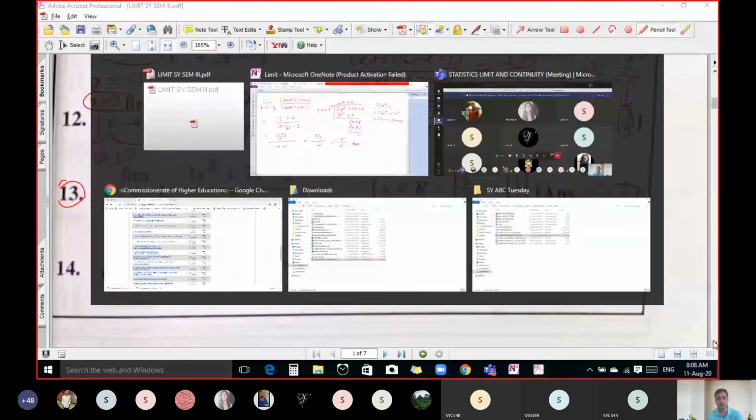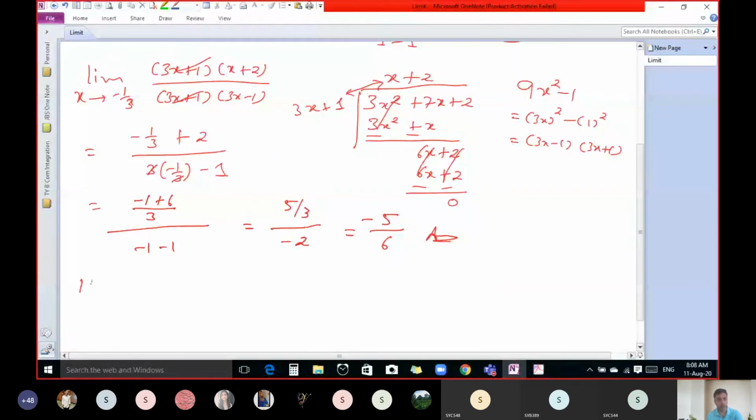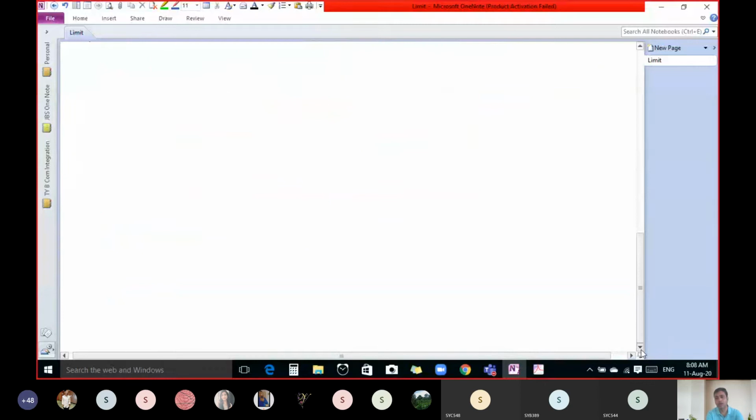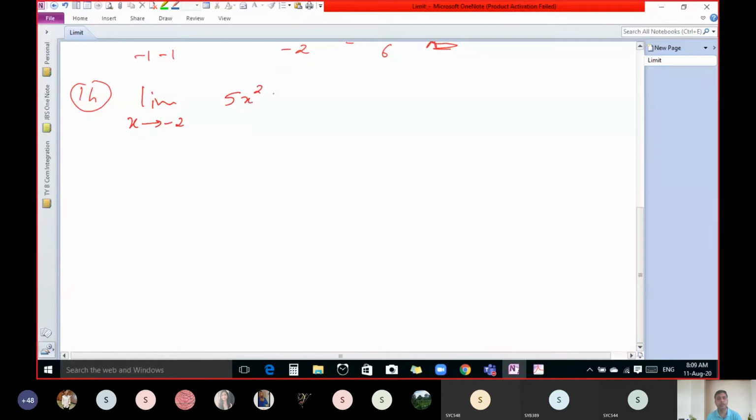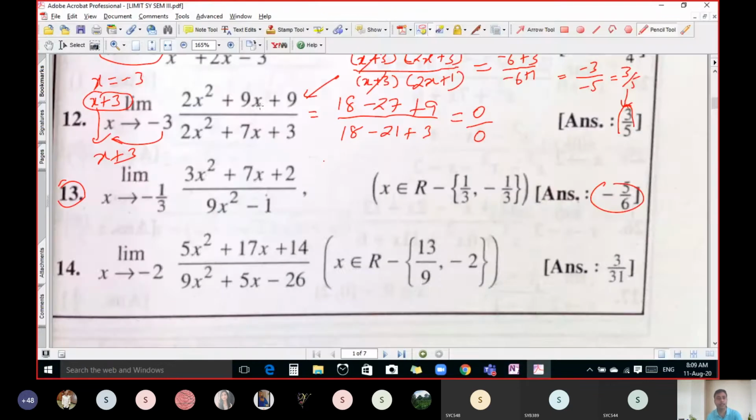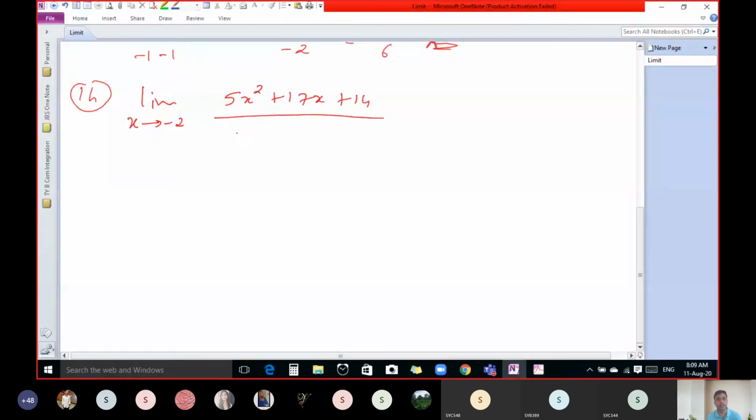Limit x tends to minus 2 of 5x square plus 17x plus 14 divided by 9x square plus 5x minus 26. So this is the question.